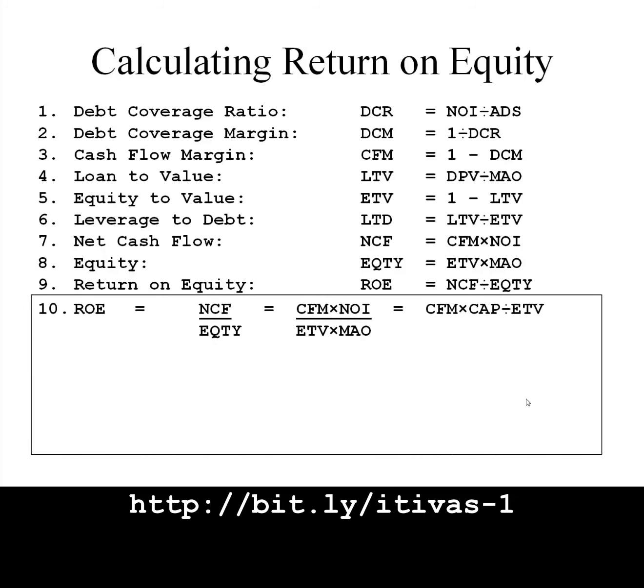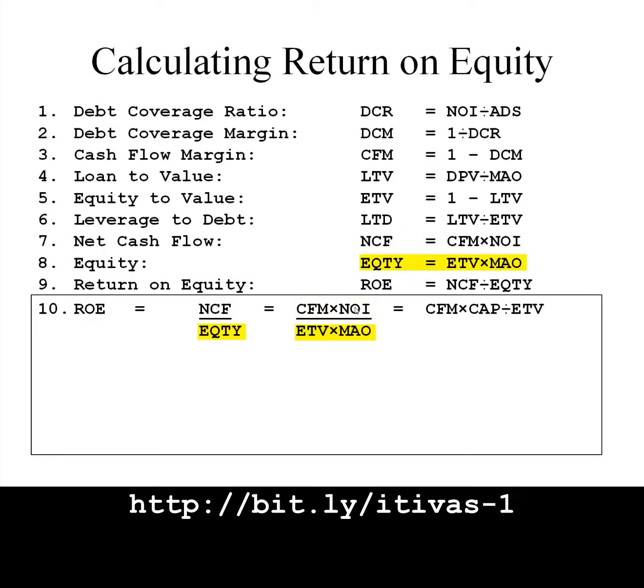And now we can expand these equations. The return on equity equals the net cash flow over equity. We can expand both sides to show that the net cash flow equals CFM times NOI. The equity is ETV times MAO.